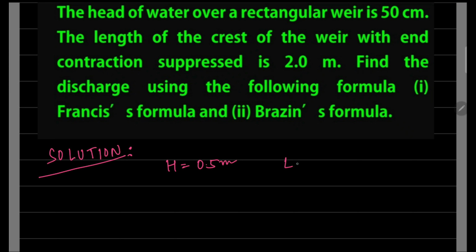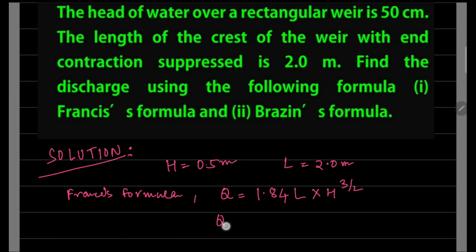So L value is 2.0 meter. If we use the Francis formula in order to get the discharge over the weir, the Francis formula says that Q is equal to 1.84 times L into H raised to the power 3 by 2.